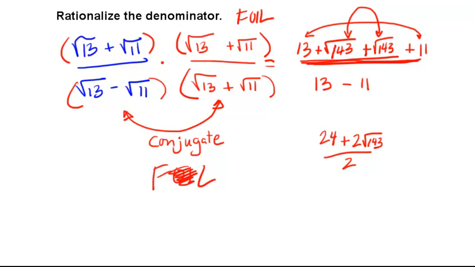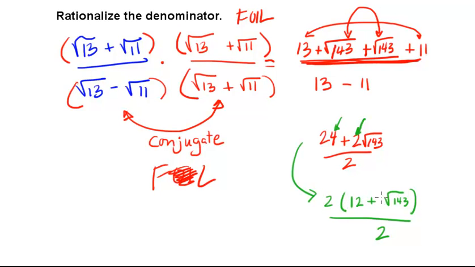Now that's it. We're done with this problem, except that if you're doing this on My Math Lab or on a quiz or a test, and the problem says to simplify as much as possible, I hope you see that we can actually factor out a 2 from both of these terms in the numerator. Again, I'm not messing with the number inside the radical, just the numbers out front, just these coefficients here. And if I factor out a 2 from that, I'm left with 12 plus really just a 1.